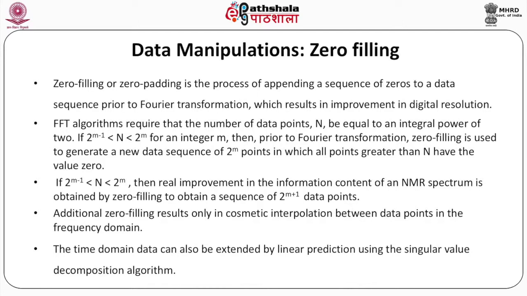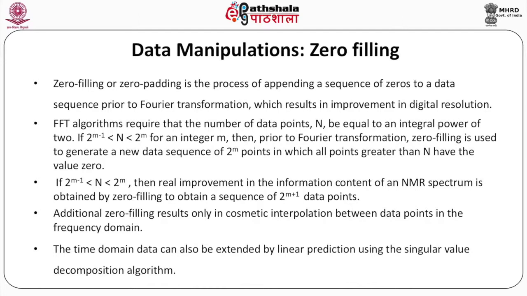If 2^(m-1) is less than n is less than 2^m for an integer m, then prior to Fourier transformation, zero filling is used to generate a new data sequence of 2^m points in which all points greater than n have the 0 value.